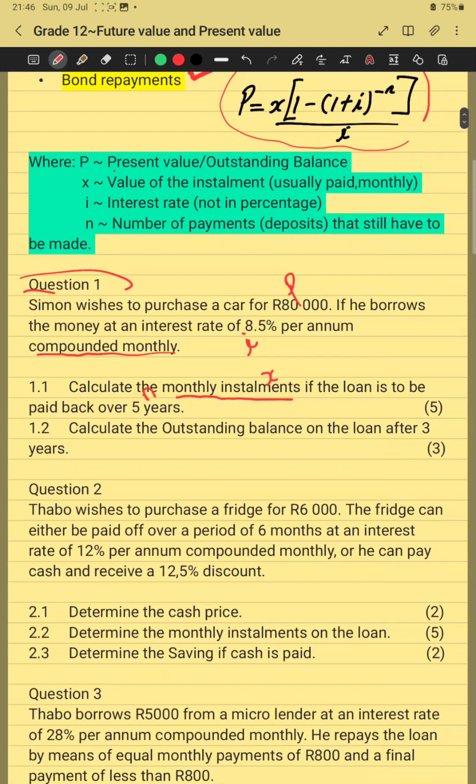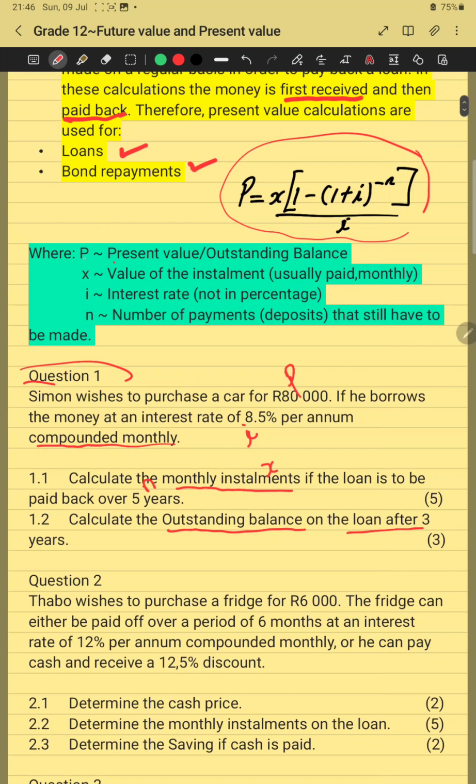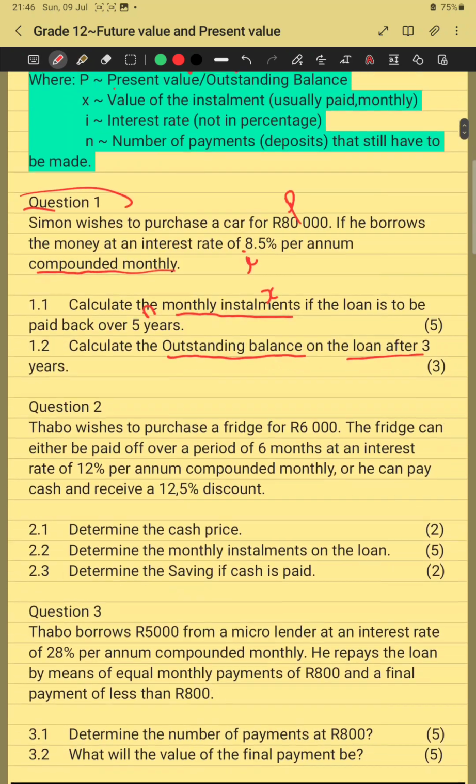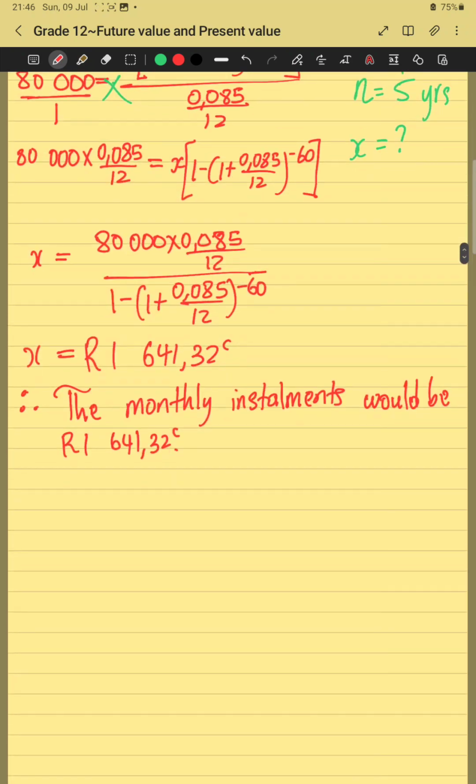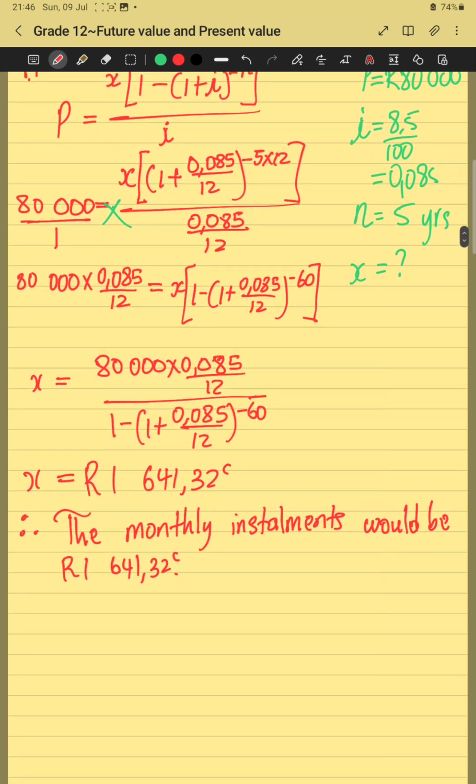So 1.2 now says calculate the outstanding balance on the loan after 3 years. Remember I said P represents the present value or outstanding balance. So that means if you want to check what the outstanding balance will be in this period, in the place of X we're going to use this amount here, which is 1,641 rand.